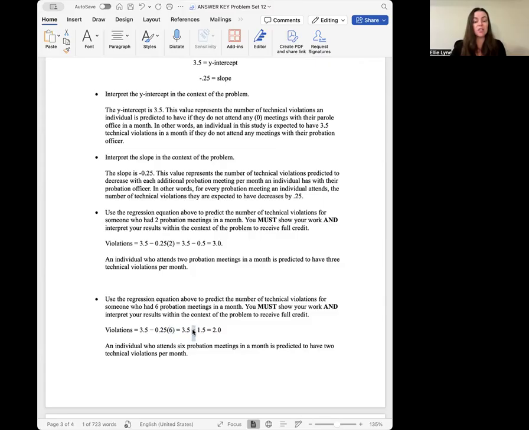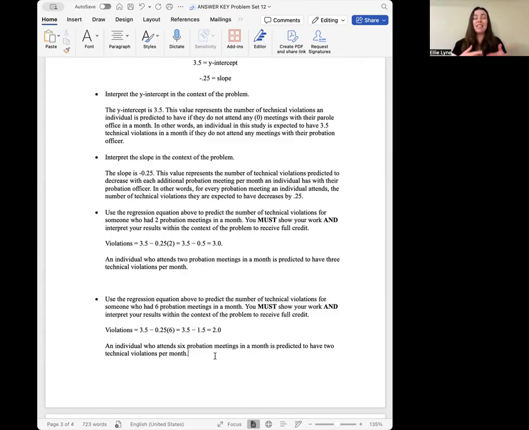But again, since my slope is negative, we are going to retain our subtraction symbol here. So I get 3.5 minus 1.5 to get a value of 2. In the context of this example, we would interpret this as an individual who attends 6 probation meetings in a month is predicted to have 2 technical violations per month.